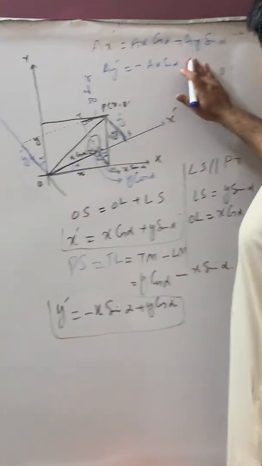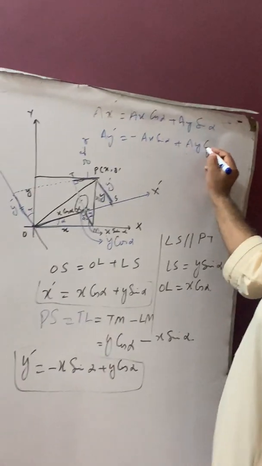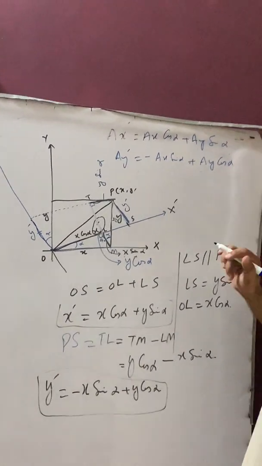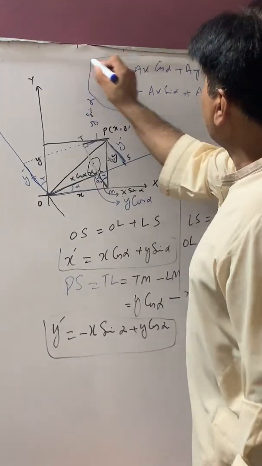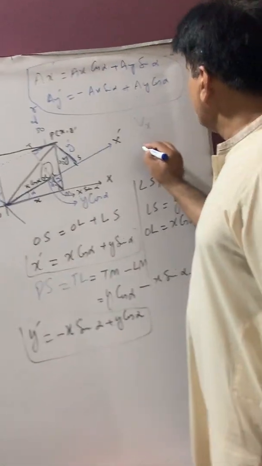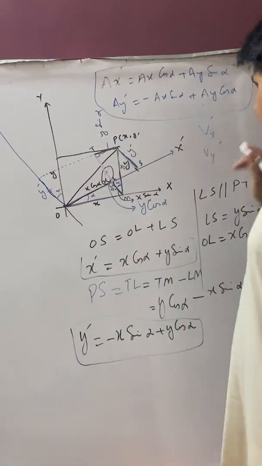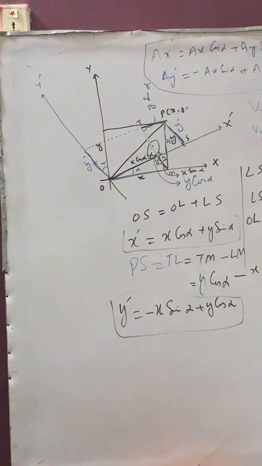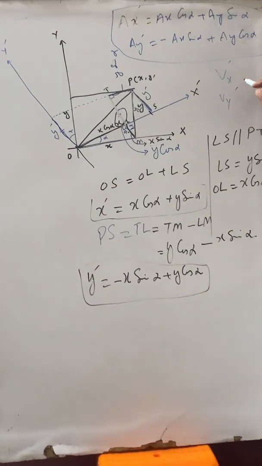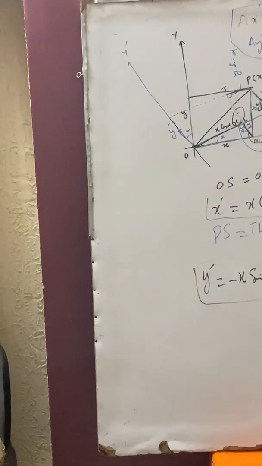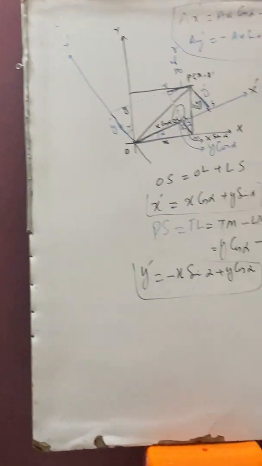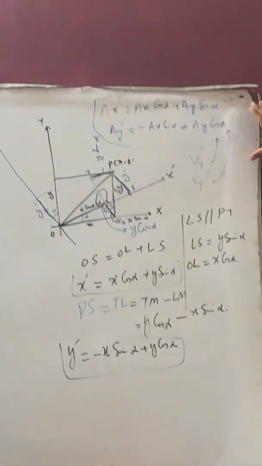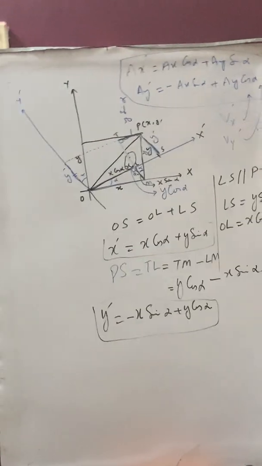Similarly, ay prime will be minus ax sine of alpha plus ay cos of alpha. Similarly, if we have vector v, then its components will be vx and vy before rotation of system of coordinates, and vx prime, vy prime after rotation, and they can also be written in terms of these two equations. If any physical quantity follows this rule, that will be known as a vector, otherwise it will be a scalar.